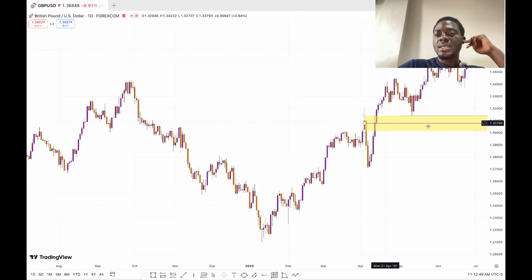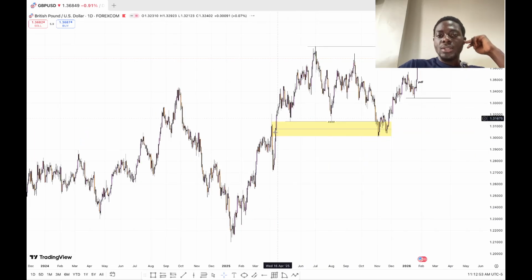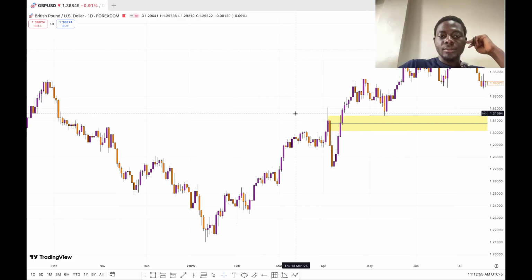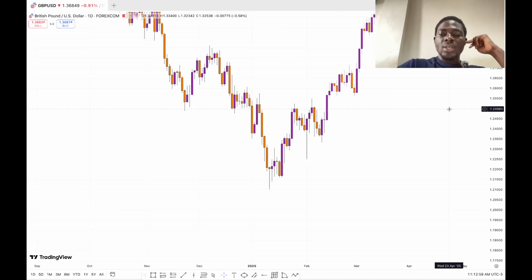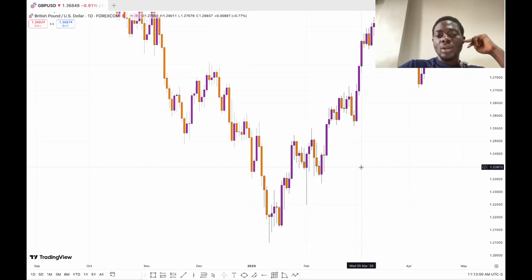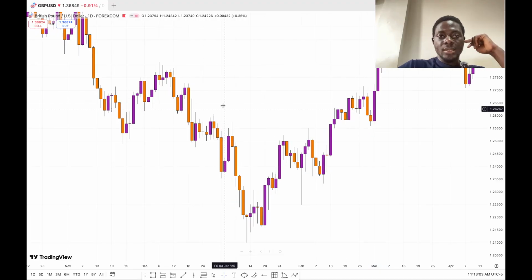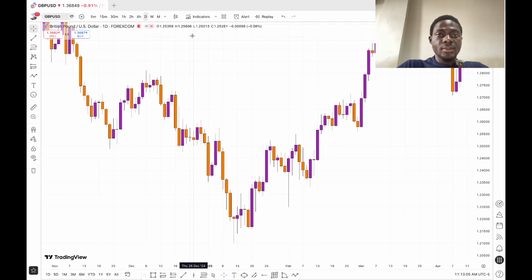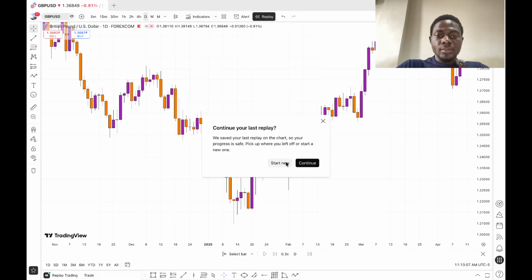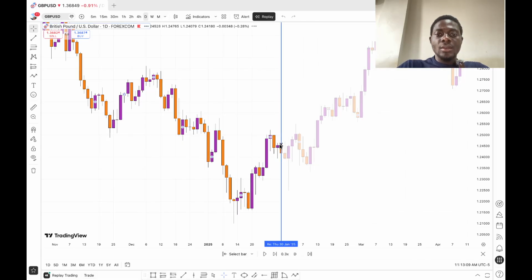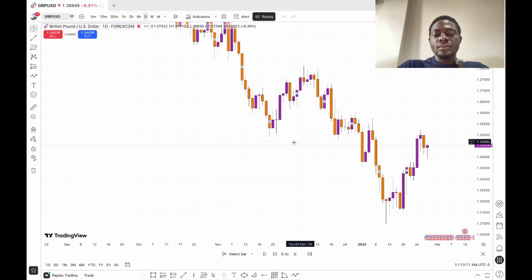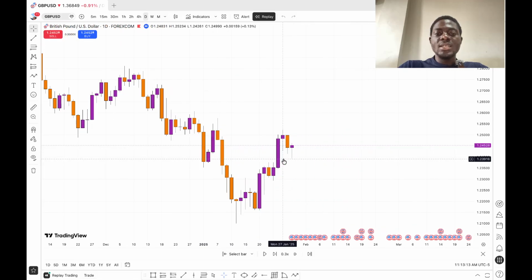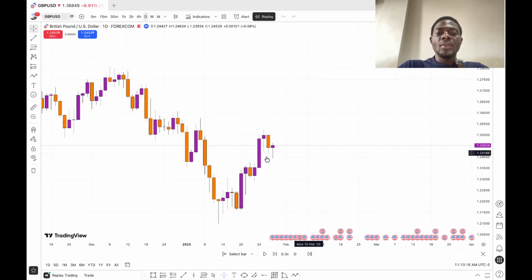But before we get all the way here, let's start from here. So let's assume it's a Monday morning. You come on the price charts and then you see this. Starting new. You see this price chart is going up, and from the look of things, it has an impulsive move.